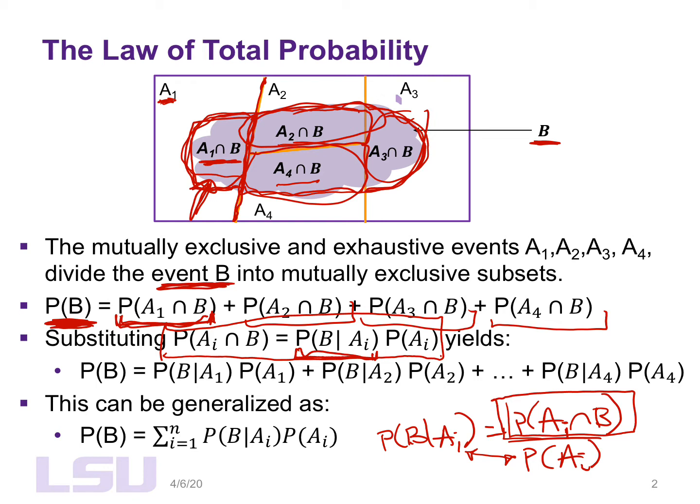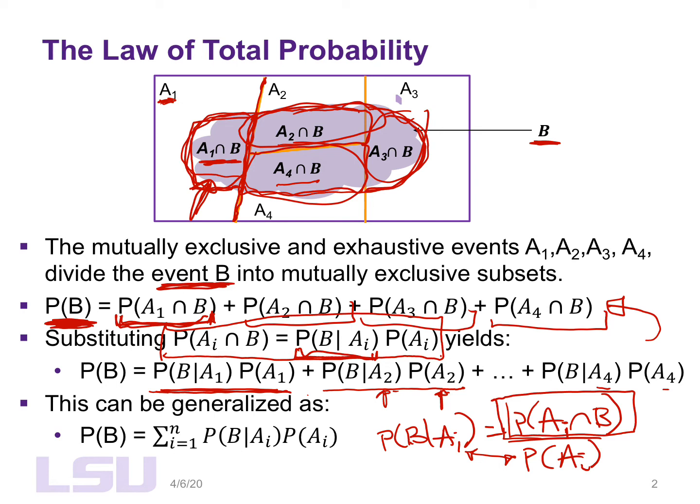So we can substitute this equation into this for each of the terms, and that gives you this. For the first term, you have this, because A1 intersection B is P(B given A1) multiplied by probability of A1. Then you go to the next term, probability of B given A2 times probability of A2. You're basically substituting 1, 2, 3, and 4.